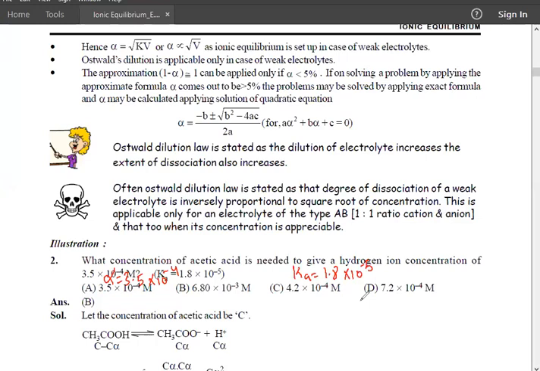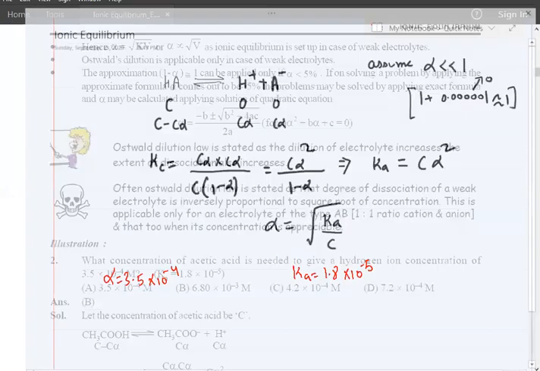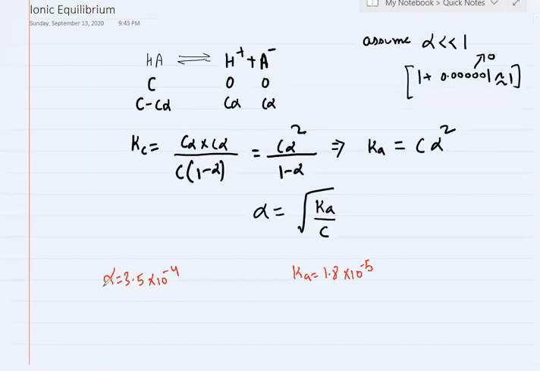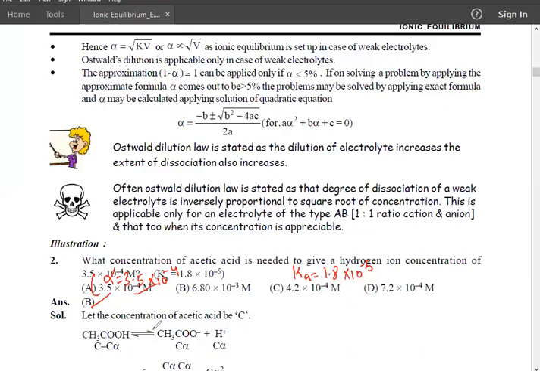Instead of alpha, C alpha is given. Sorry, my bad. Instead of alpha, C alpha is given, right? No issues at all.